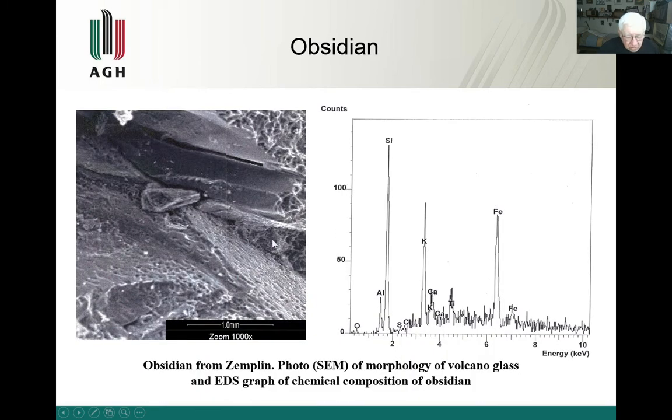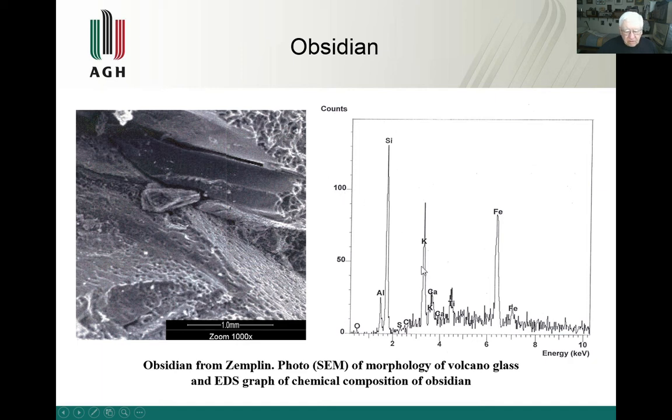If we look more closely at the structure of obsidian using scanning microscopy, we may observe a surface which was damaged because of the knapping, and a natural eroded surface. This is the primary surface.